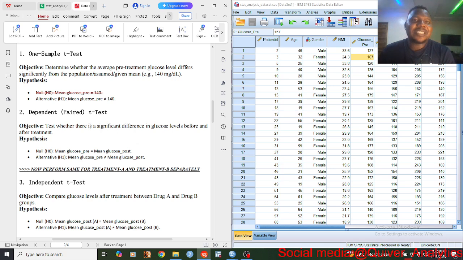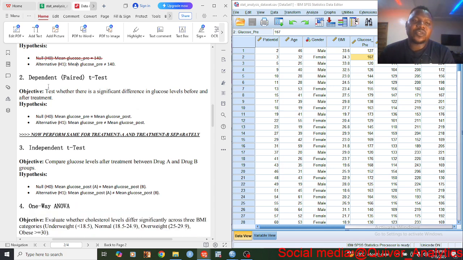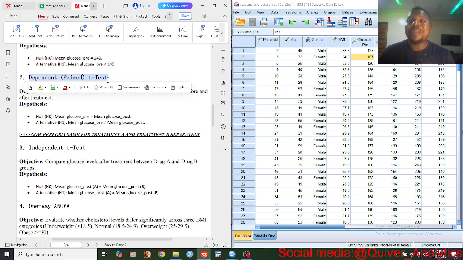Now the paired sample t-test. An example of when to use it is to test whether there is a significant difference in glucose level before and after treatment. This is the dependent sample t-test. It is a case where you have the same population, the same set of people, or objects or items, that you've applied the same thing on.